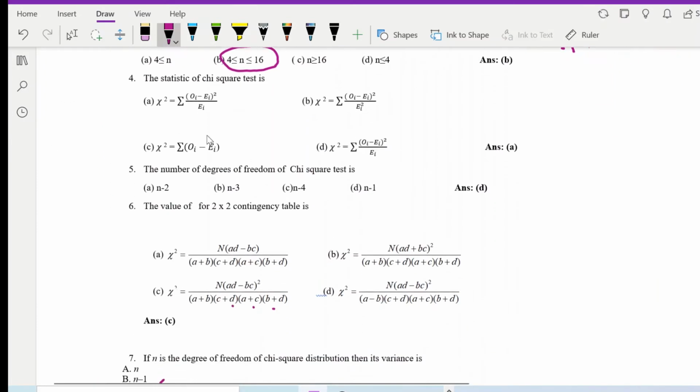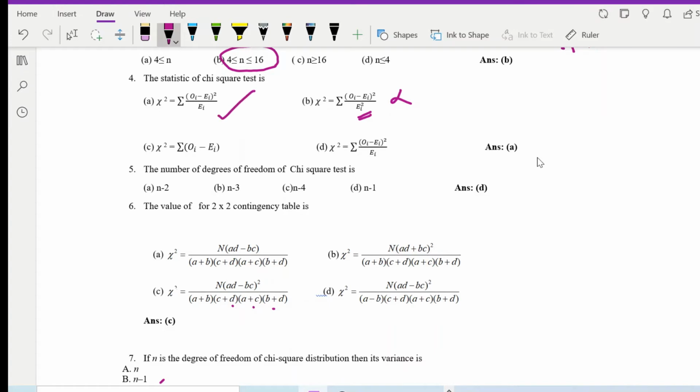And the test statistic of chi-square is the summation of (Oi minus Ei) the whole squared divided by Ei. Here, (Oi minus Ei) the whole squared divided by Ei squared is not correct. And the expressions with Ei in the denominator are the same.